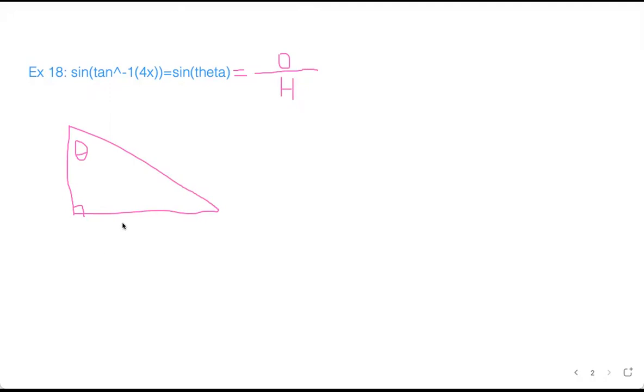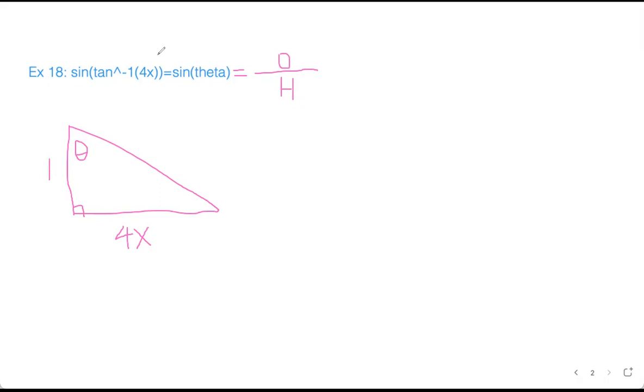Okay, so we're going to put a 4x, the opposite. Now, tangent is opposite over adjacent. So what number do I put in for the adjacent side? Yeah, we're going to put a 1 here.